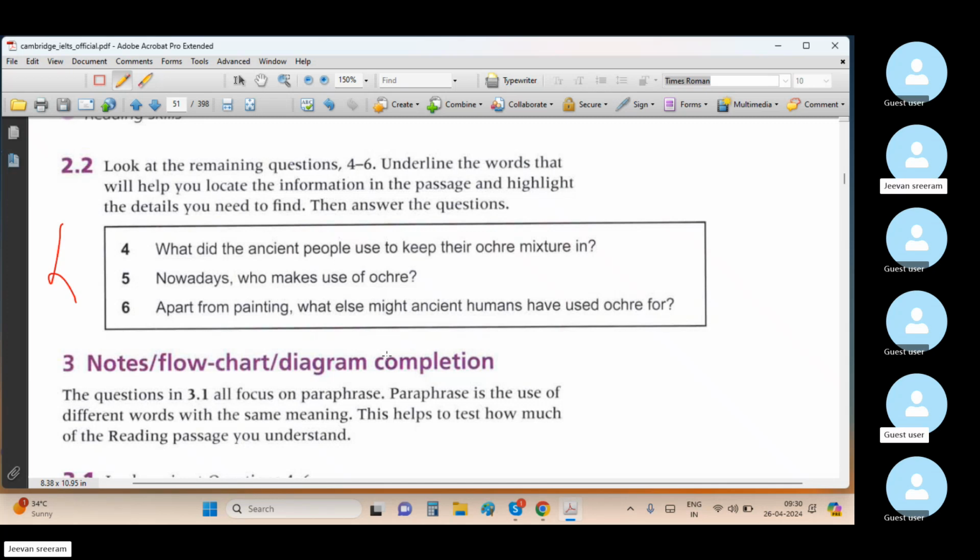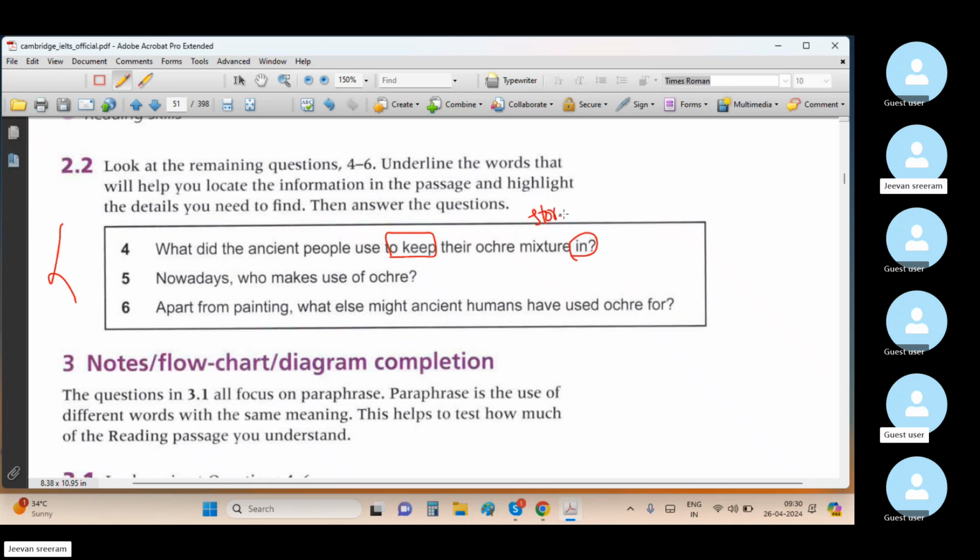Material. For the fourth question, sir, it was stored in abalone shells. The question was: what did the ancient people use to keep their ochre mixture in? They used the shells, where they preserved the mixture. They stored it in abalone shells. Correct.